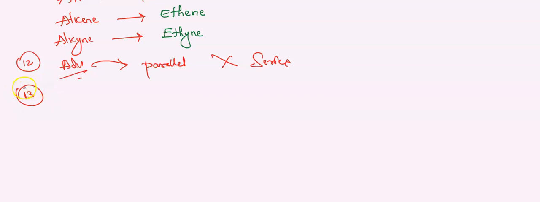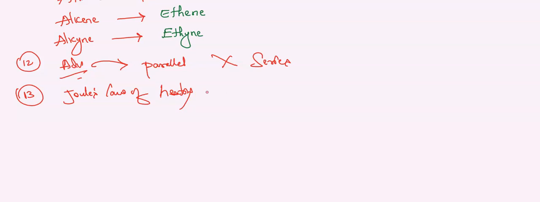Make a note. According to Joule's law of heating, I hope this is the famous question for every child. According to Joule's law of heating, don't write the question, listen to the question.